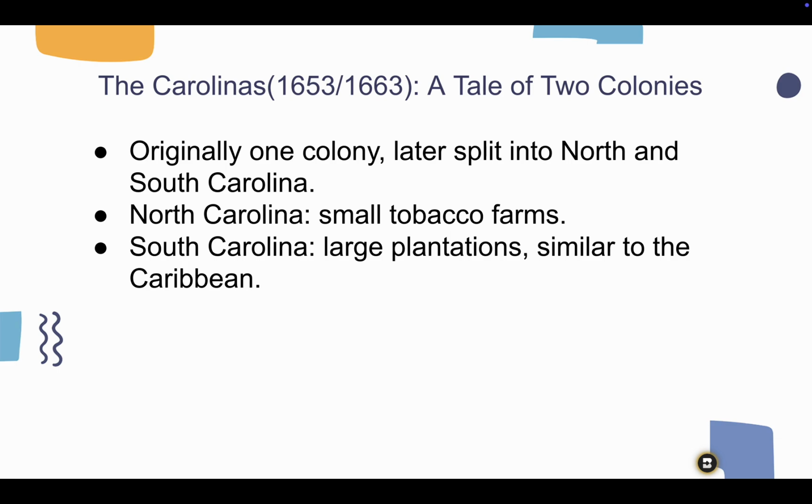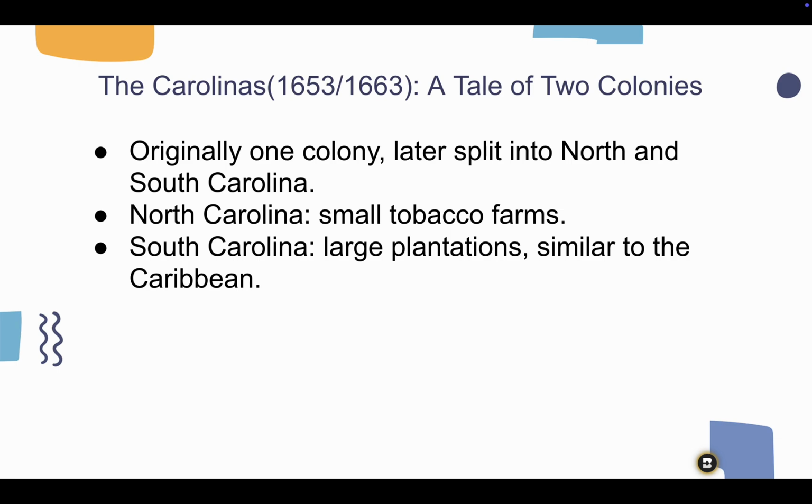Originally, it's one colony, but it will split mainly because the northern part and the southern part just grow differently. In North Carolina, it's a lot of small farmers. You've got wooded lands and things like that, so it's pretty much small grain farms, like corn and wheat. But the southern part of Carolina is going to be more of your large plantations that are going to be relying heavily on slavery, just like the English sugar plantations in the Caribbean.